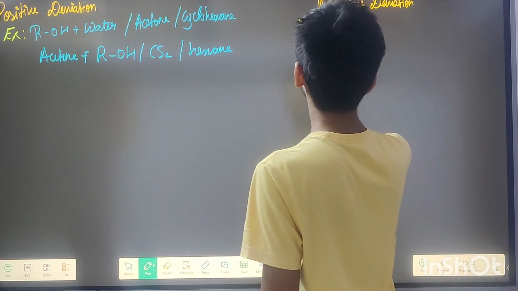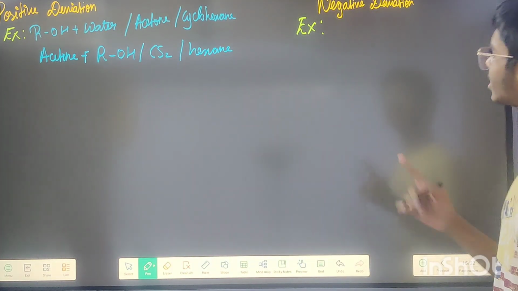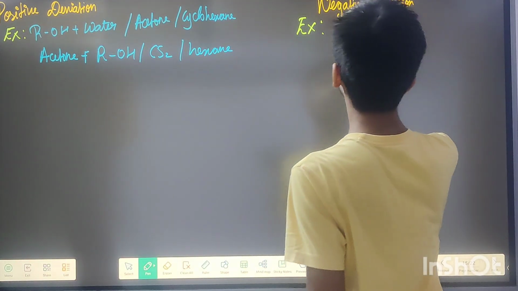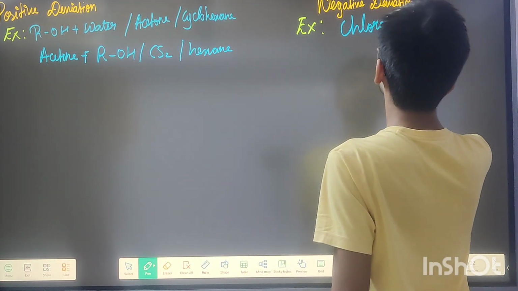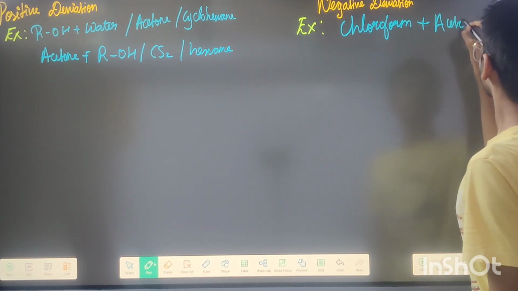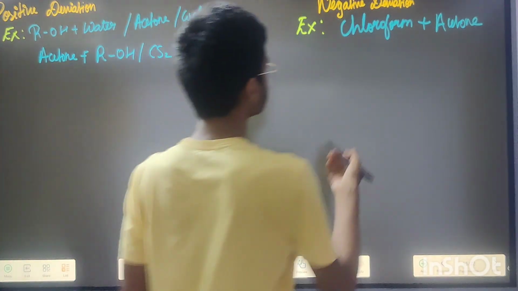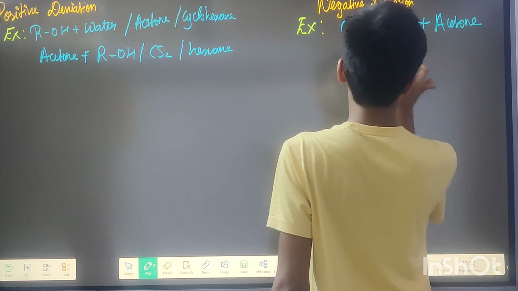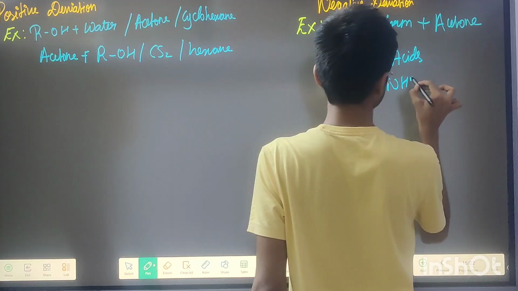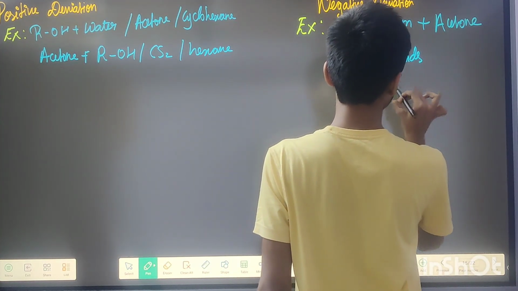So next example. What is your next example? It is actually for negative deviation. You are going to deal with chloroform plus acetone. Then other than this, strong acids like HCl and HNO3, nitric acid.